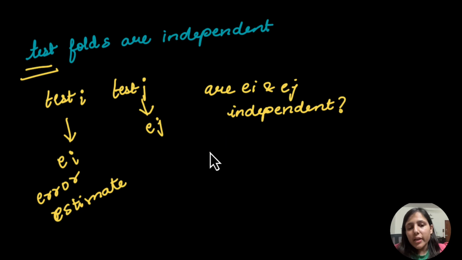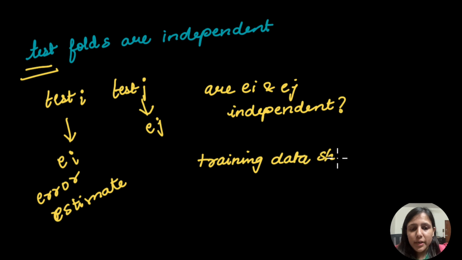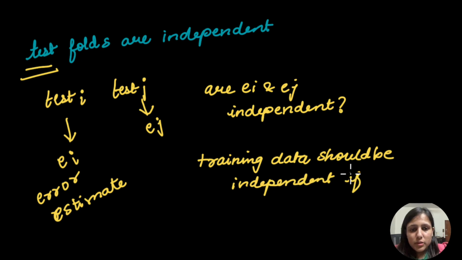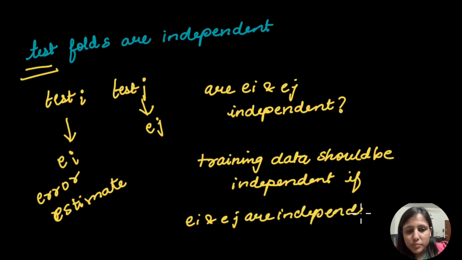So E_I and E_J will be independent if they are coming from models that are trained independently. So when I say trained independently, the training data should be independent. If E_I and E_J are independent, is the training data independent?